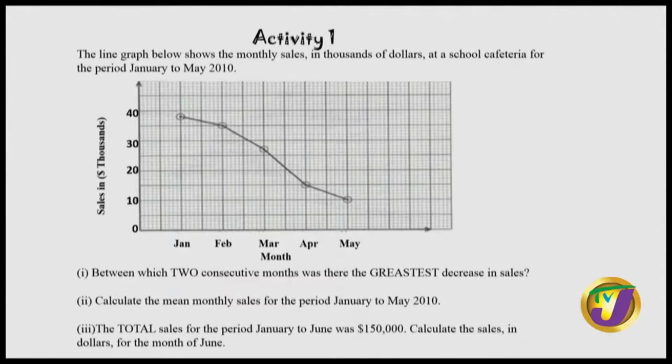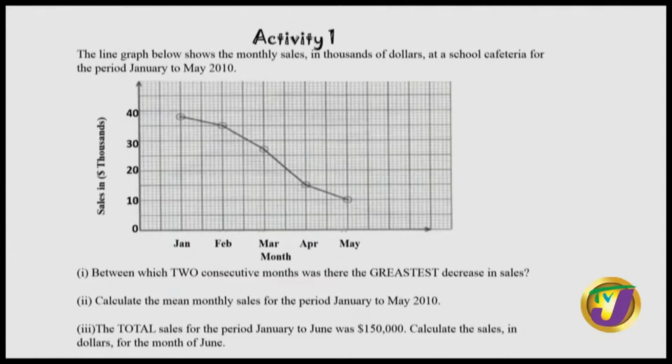And there we make mention of the word mean again. Okay, right. So we talked about what it meant a little earlier. So in this case, we're going to need a few things, right? We're going to need the value of sales per month, right? So in January, I believe, so Mr. Price is going to help us out now. Looking at this graph, I believe we have $38,000 in sales.